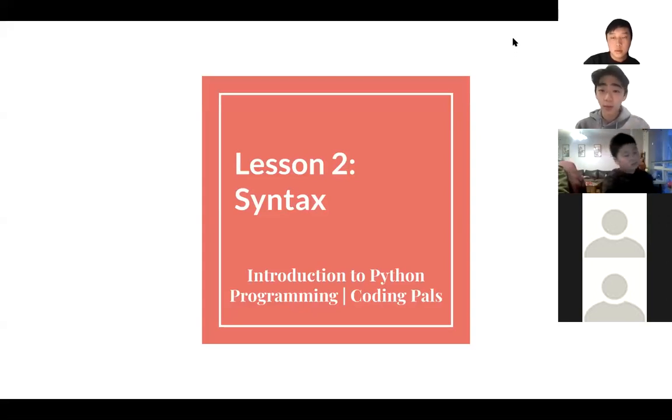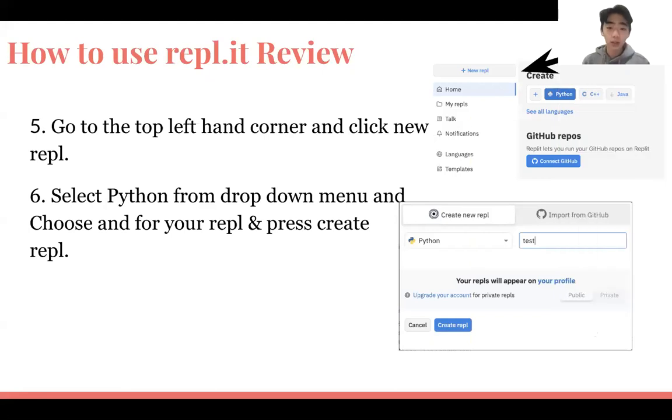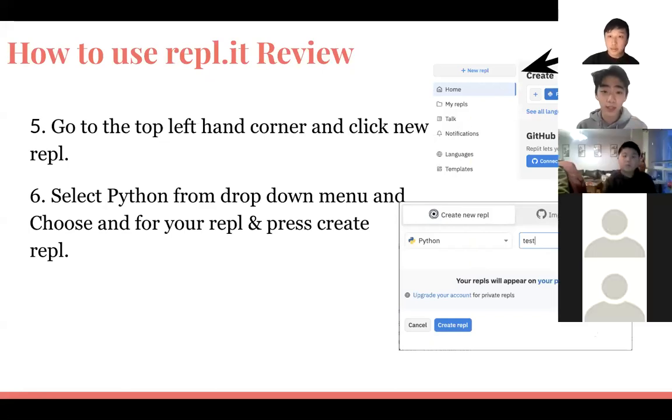Before that, we have a few slides about how to set up Replit again. Just make sure you have Replit set up with the correct languages. You just need to choose Python as your primary language. You can choose any other language, it doesn't really matter, as long as you have Python as your primary language.